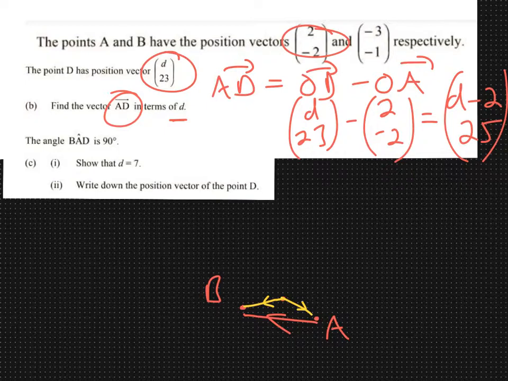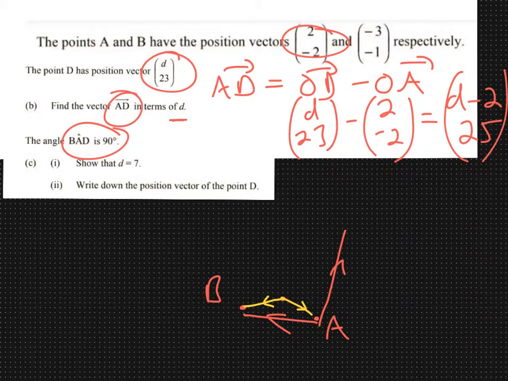Next, we are told that angle BAD is 90 degrees, and we are asked to show that D is equal to 7. We've got some vector up here going up some undetermined length at this moment.